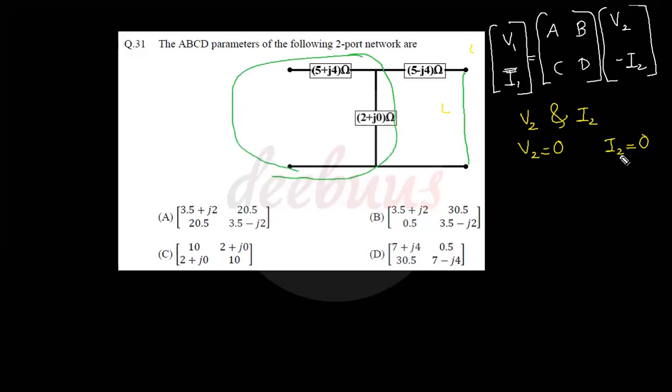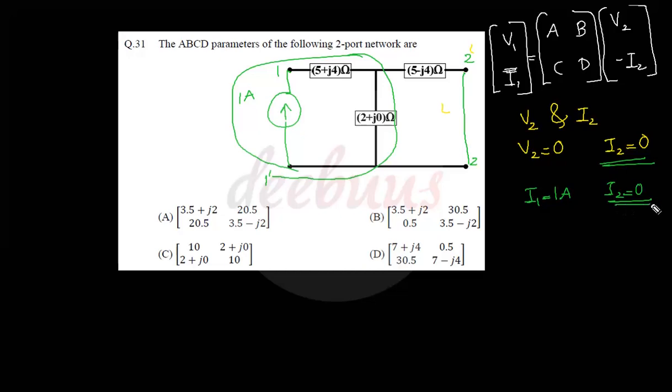Now I am making I2 equal to 0 and applying a 1 ampere test current source at port 1 dash, making I1 equal to 1 ampere, and this is port 2 dash, I2 equal to 0, for calculating the other parameters.